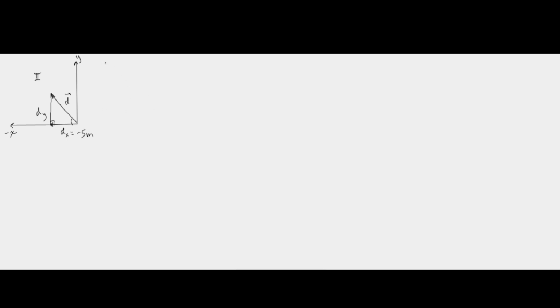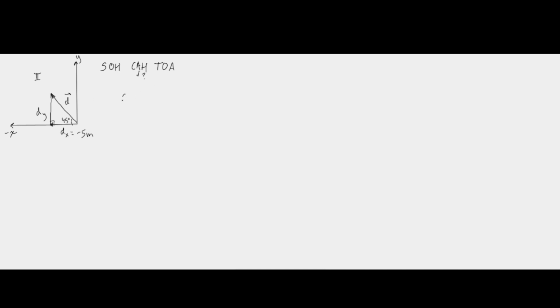So I write my mnemonic, SOH CAH TOA, and I have the adjacent side. I want to find this hypotenuse. So then what is the cosine function? And we are going to need an angle, so let's call this 45 degrees.